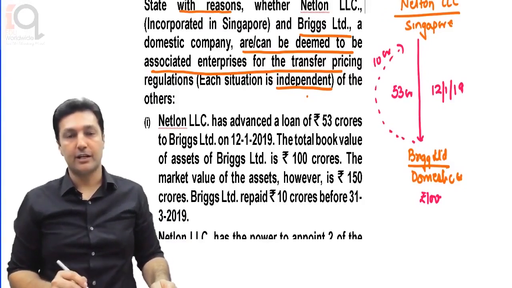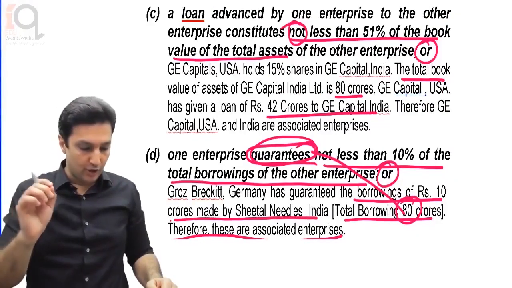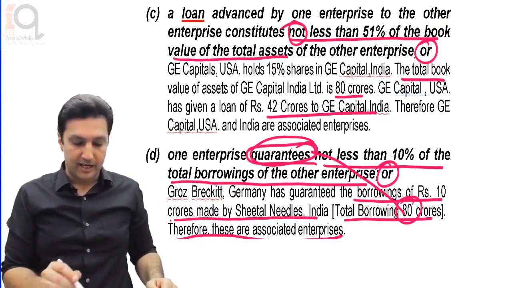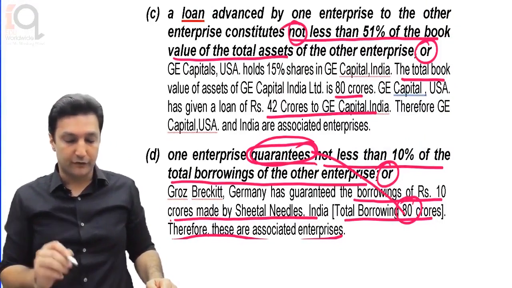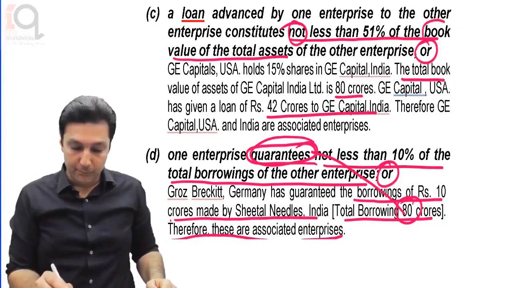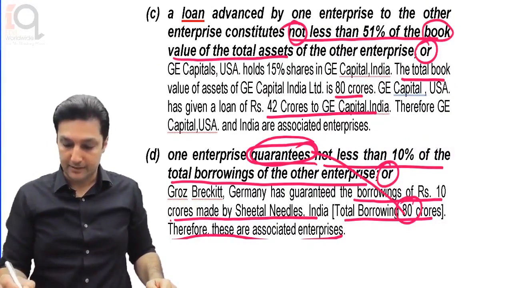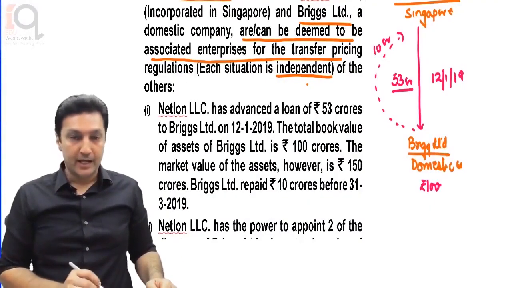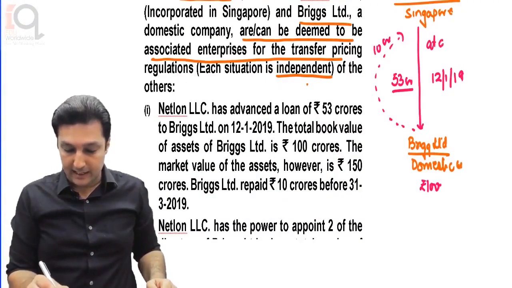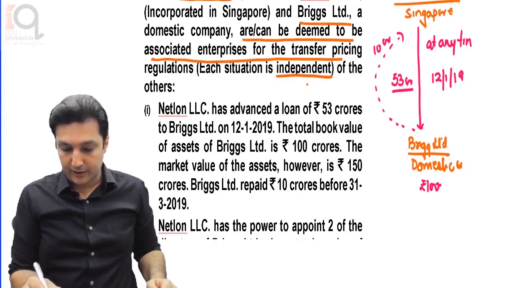Are these associated enterprises? So there was this clause which says a loan advanced by one enterprise to the other enterprise constitutes not less than 51% of the book value of the total assets of the other enterprise. So if we go back, the loan advance is 53, and remember the words were at any time during the previous year.